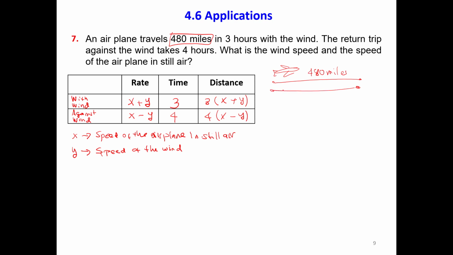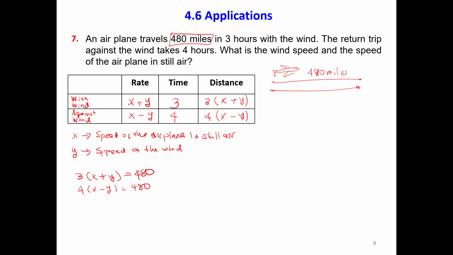Then we can write this is the distance with wind, which is 3 times x plus y, and this distance is 480. In the other direction it is the same distance, so the other equation will be 4 times x minus y equals 480.